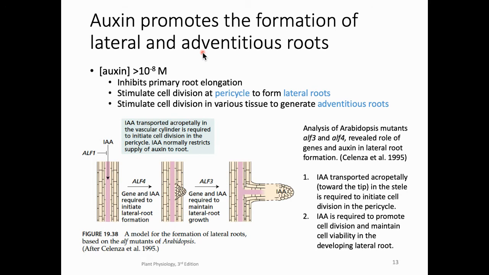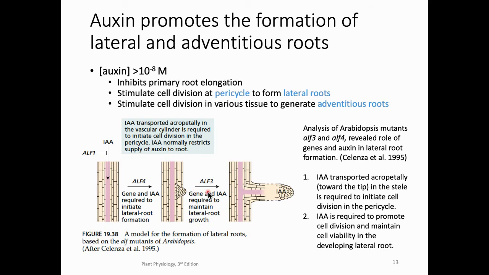For the lateral root, in this picture I'm showing you the action of auxin to promote cell division in the pericycle, which is next to this tissue. The pericycle is the outer layer of vascular tissue right here. So auxin promotes cell division right here, and the lateral root will grow out.